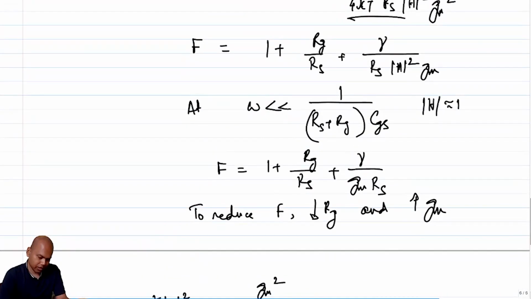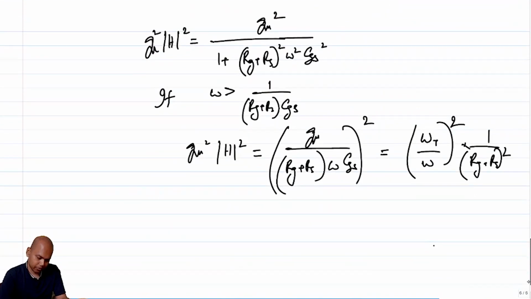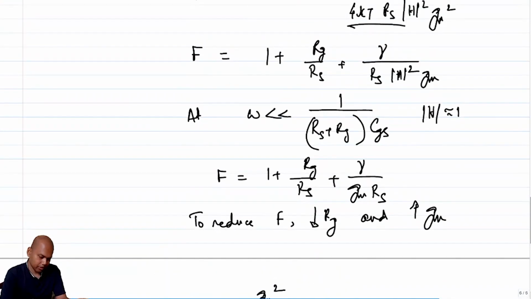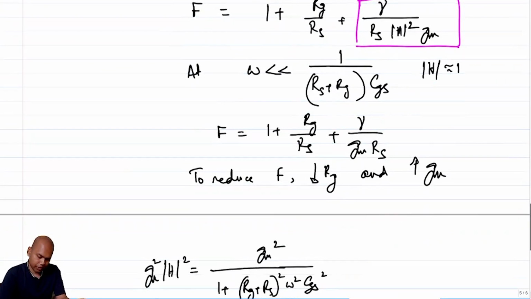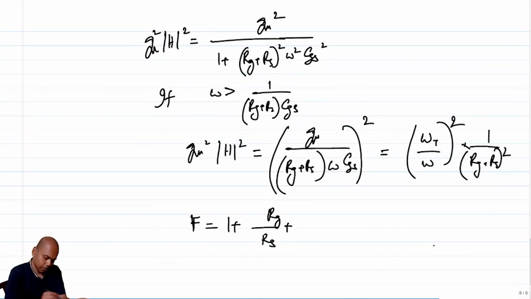Which essentially means, what does the expression of F boil down to? So F becomes 1 plus Rg by Rs plus the additional term, which is gamma by Rs times mod of H squared times Gm.